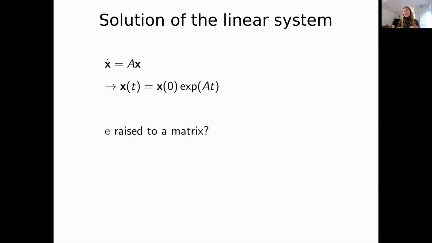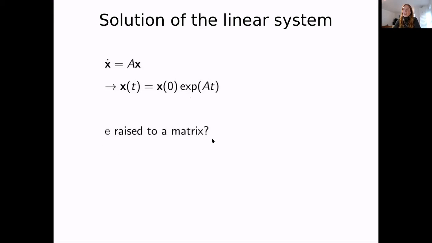And when we now naively try to solve this, we would say, well, nice, I know that in one dimension, this is simply the exponential function. So the function we talked about in the first slides, and we solved numerically using Euler's method. And maybe I can just put the matrix here in the exponential function.